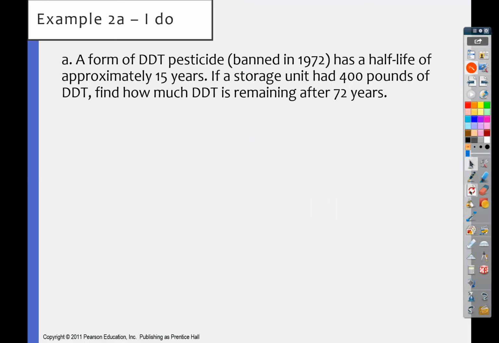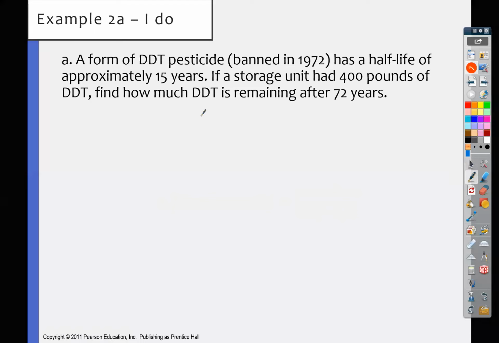All right, so let's try this one. A form of DDT pesticide banned in 1972 has a half-life of approximately 15 years. If a storage unit had 400 pounds of DDT, how much DDT is remaining after 72 years? Okay, so we're going to use the decay formula. Well, it's a half-life formula, but you use the decay.